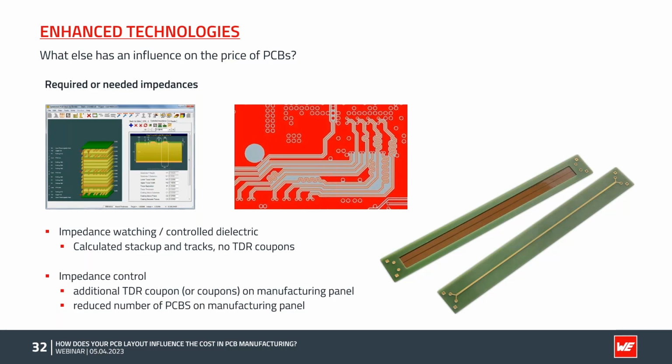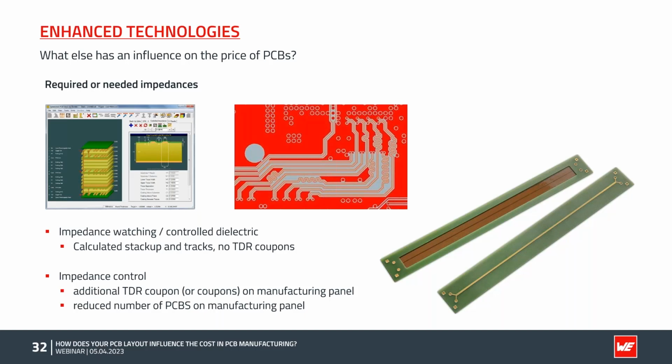Still, we could introduce coupons, and this is then called impedance controlled PCB manufacturing. This means that at the end of the manufacturing, we take this coupon, we measure it, and we directly show you that we fit the desired impedance to the tolerance which is needed.